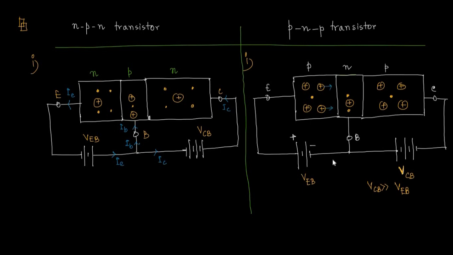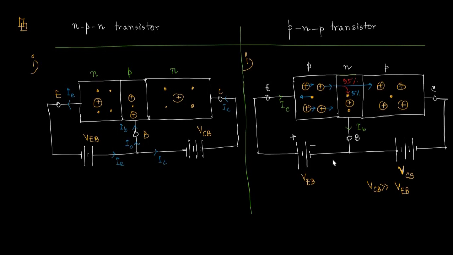That's why the battery of EMF VCB will be a strong battery, and in this case holes in P-type emitter will be migrating into the collector through the N-type base. 95% of holes or majority charge carriers migrating from emitter through base will pass over to P-type collector, and 5% will remain in the base.